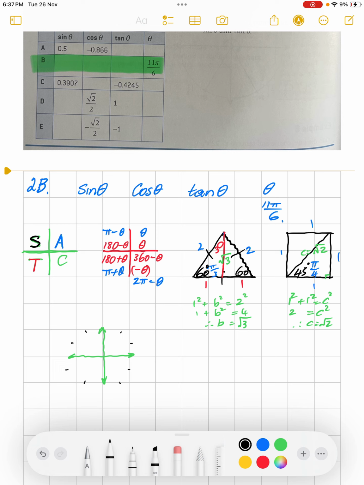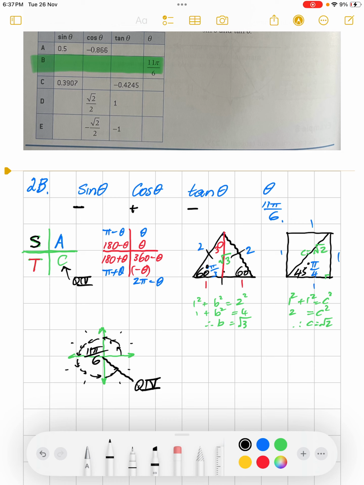If you go 1, 2, 3, 4, 5, 6 pi over 6, 7, 8, 9, 10, 11 pi over 6, that takes us into quadrant 4. That's important because now we know straight away sine is going to be negative, cos is going to be positive, and tan is going to be negative. Only cos is positive in quadrant 4.